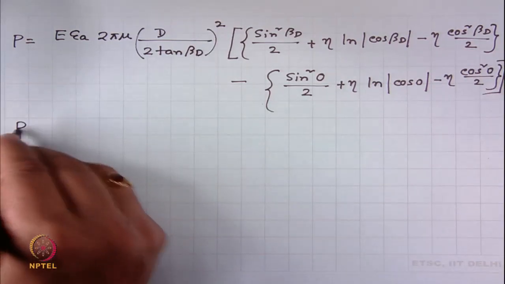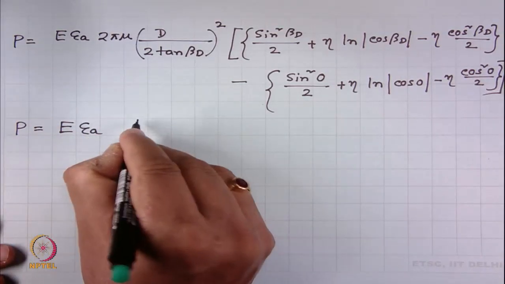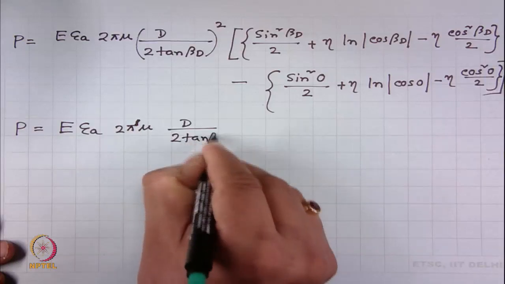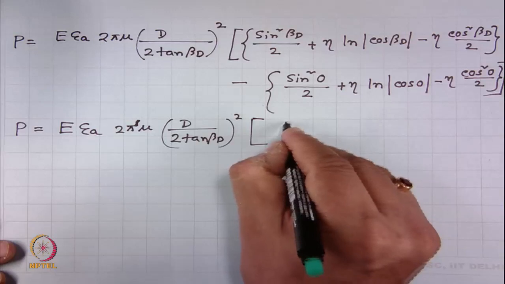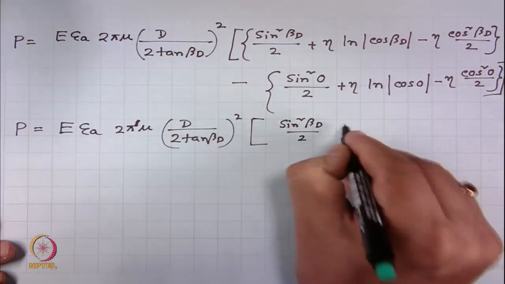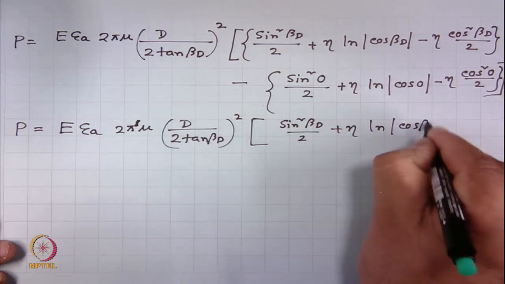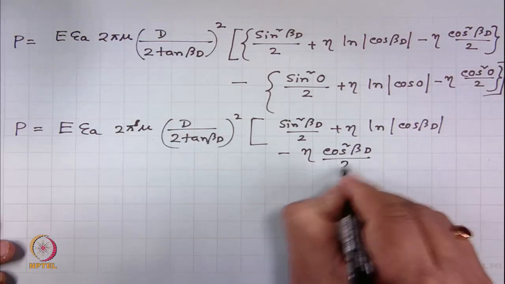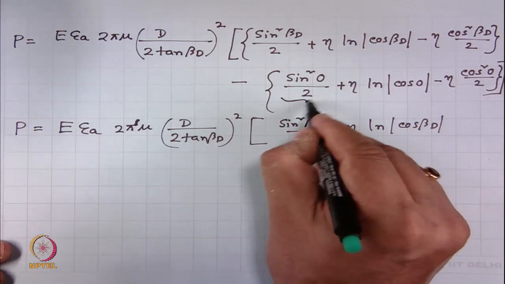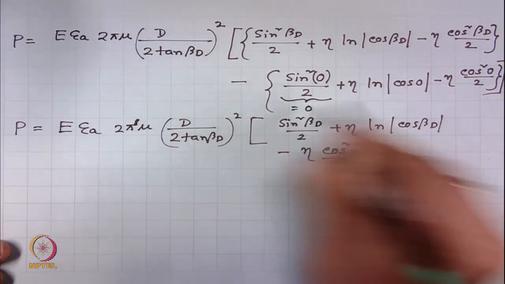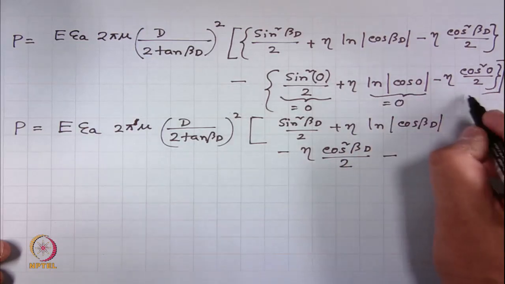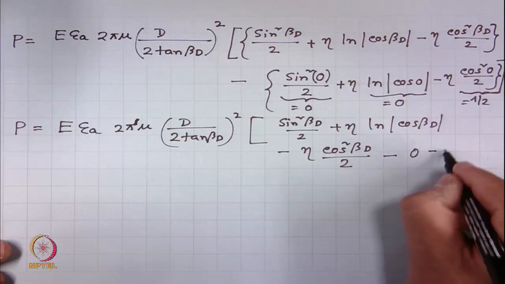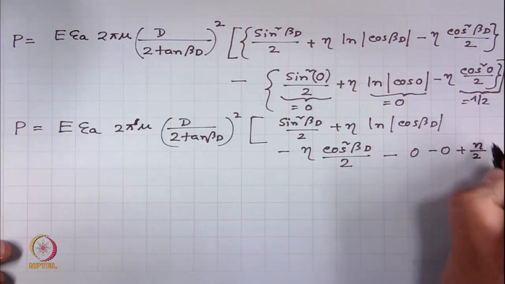So, what it becomes: P equals E epsilon A by 2 pi mu d by 2 tangent beta d squared, sin square beta d by 2 plus eta ln cos beta d minus eta cos square beta d by 2, minus the second part. Sin square 0 is equal to 0, ln cos 0 is equal to 0, this is equal to half. So, 0 minus 0 plus eta by 2.